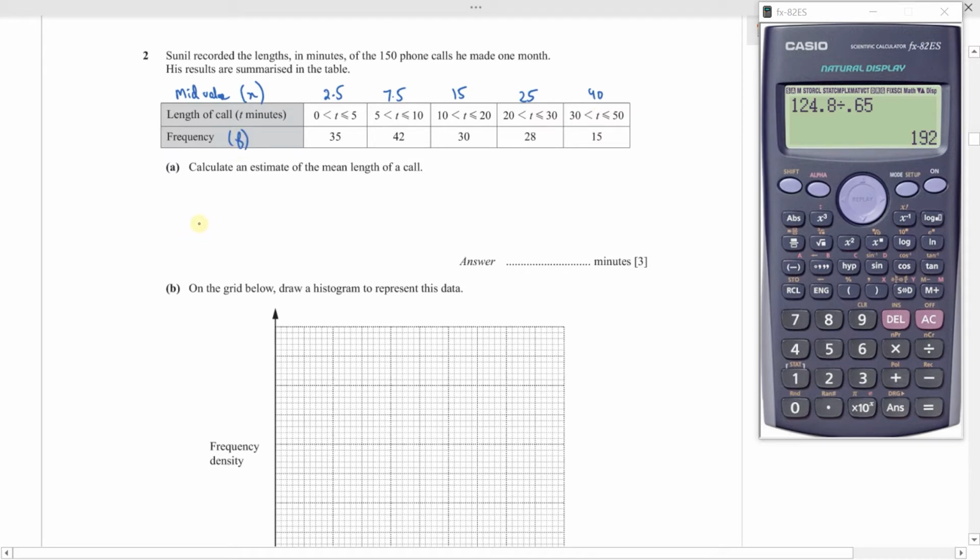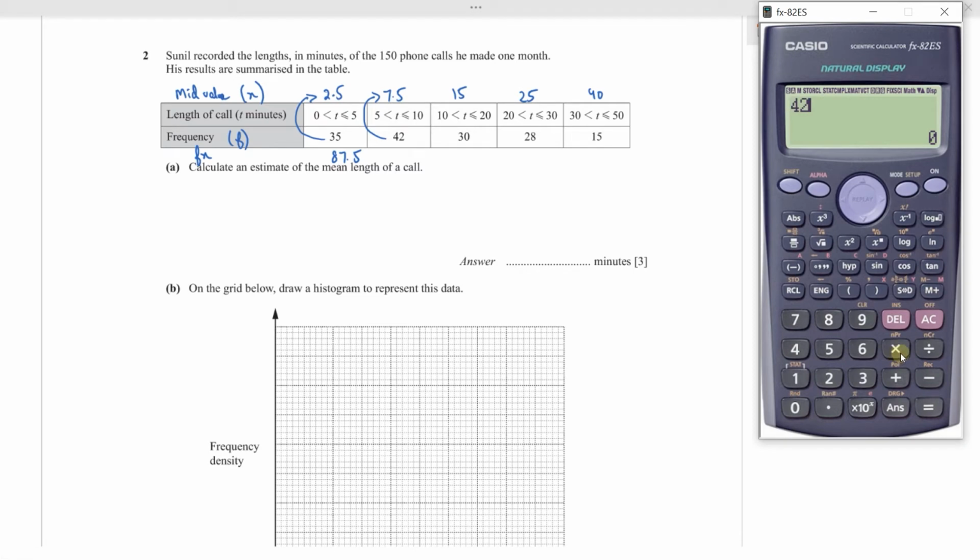And then we also need to find another row, which will be the product of frequency multiplied by the mid value x. So f times x. Basically I'm multiplying these values, this multiplied by this, then this multiplied by this. First, 35 times 2.5 is 87.5.